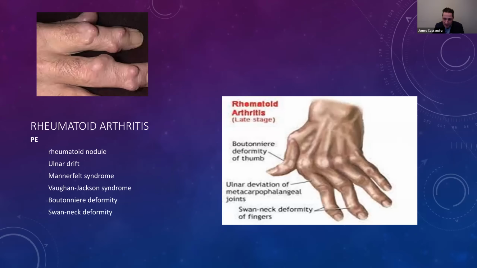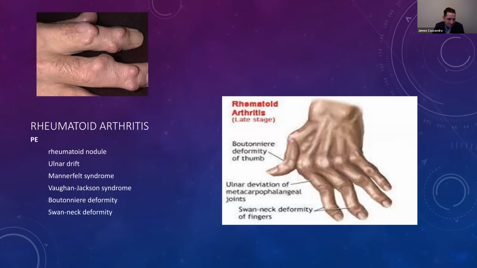There's flexion at the DIP joint and extension at the PIP joint. So those are all changes, and the boutonniere and swan neck deformities, we can break those down into further classifications, but it's hard to use a hand when you start having these deformities.